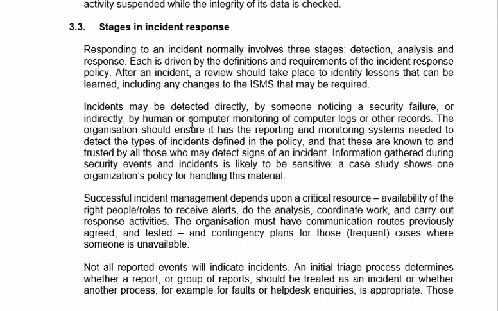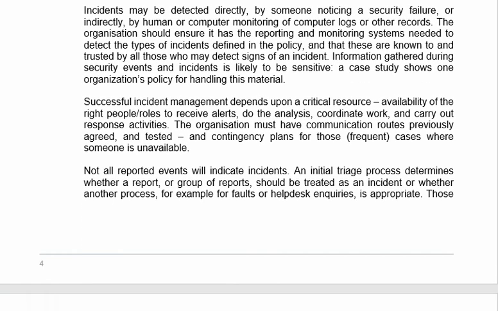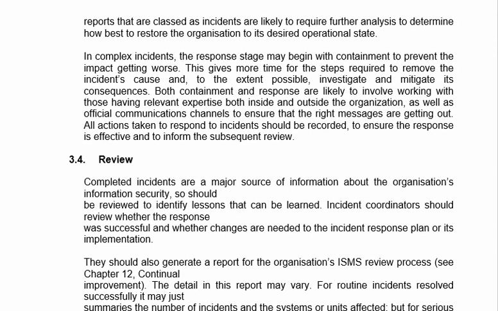If you are not able to detect an incident, then we cannot do anything. Based upon the detection of the incident, we need to do the analysis of the incident, and the third one is the response to the incident. These are the three stages of incident response that we need to keep in mind.